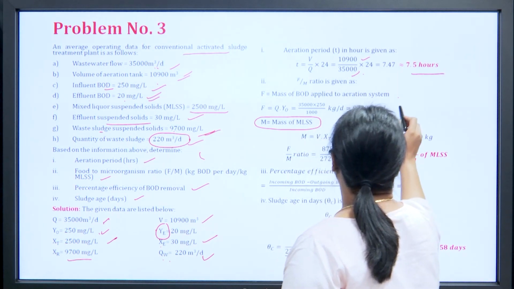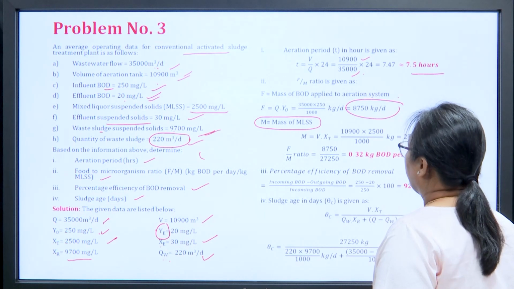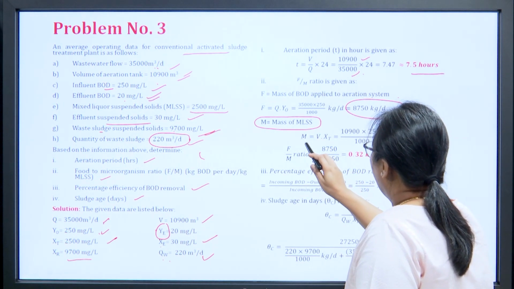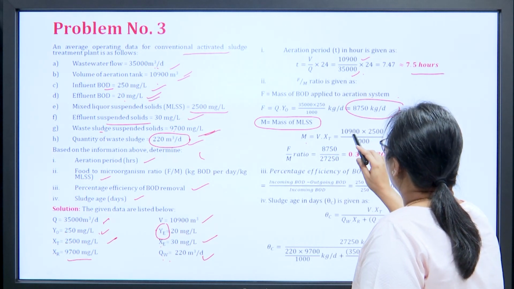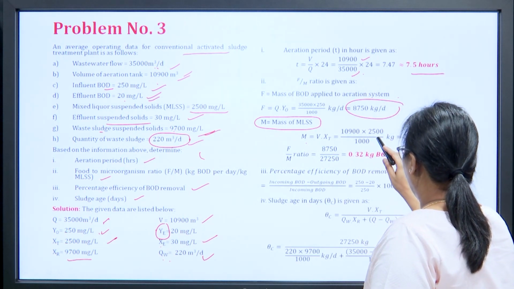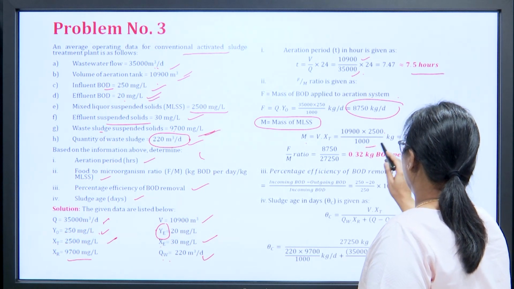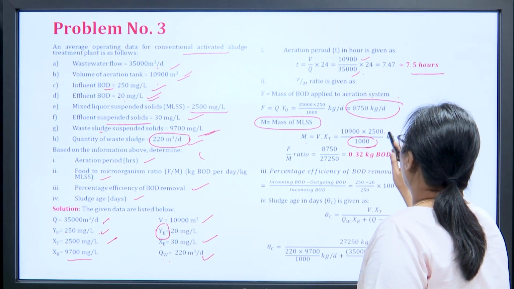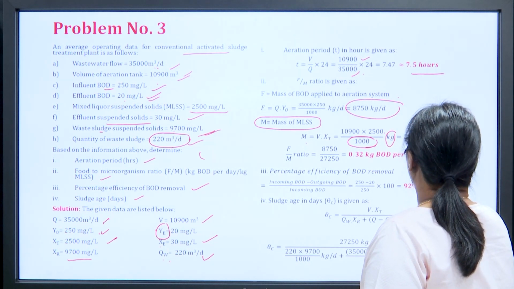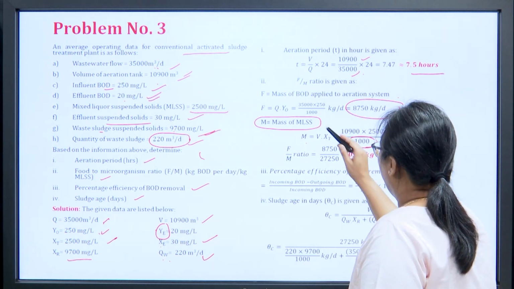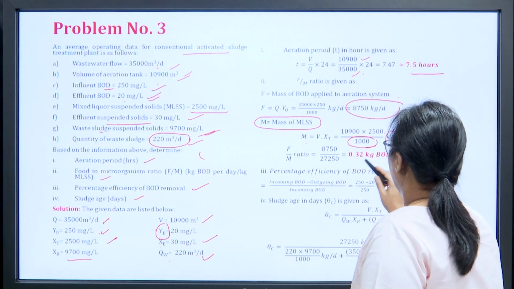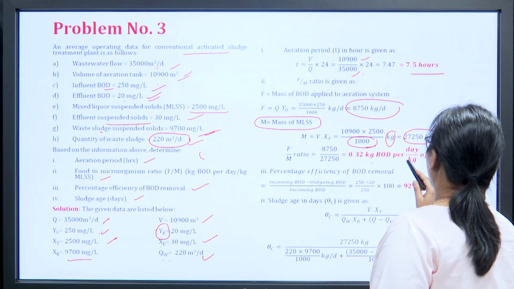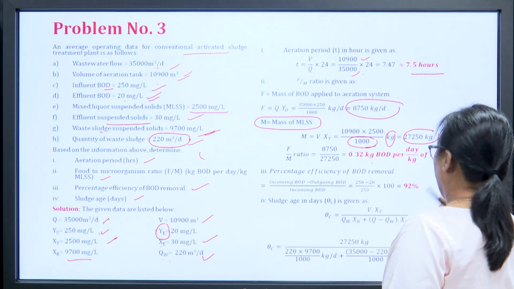You calculate it here, you get this kg per day, and M is the mass of MLSS. So, here M will be equal to V XT. So, 10,900 into 2,500 divided by 1,000, right. Why 1,000? Because you are converting to kg, right. So, you get this much kg, F by M ratio is this by this, you get 0.32 kg of BOD per day per kg of MLSS.